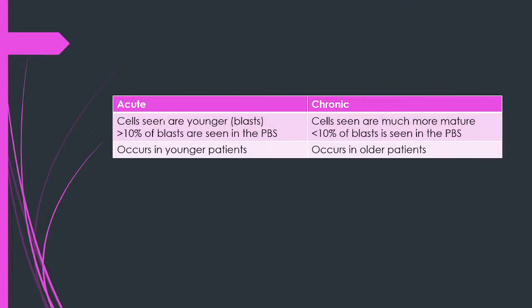For acute leukemias, there's more than 10% blasts seen in the bone marrow, while for chronic leukemias there is less than 10% blasts. Acute leukemia is also seen in younger patients, and chronic leukemia is often seen in patients who are much older.